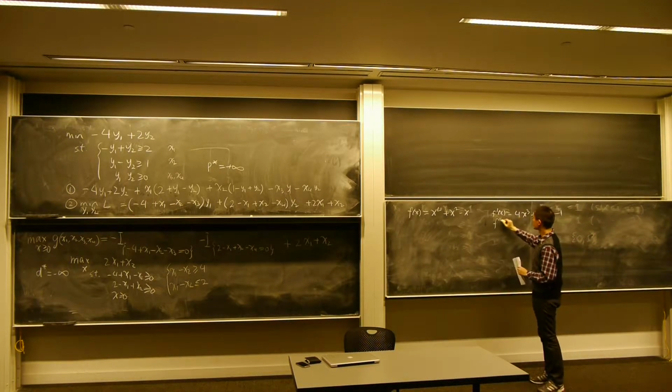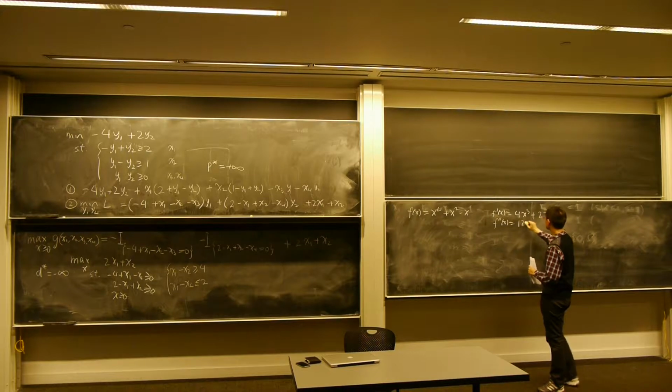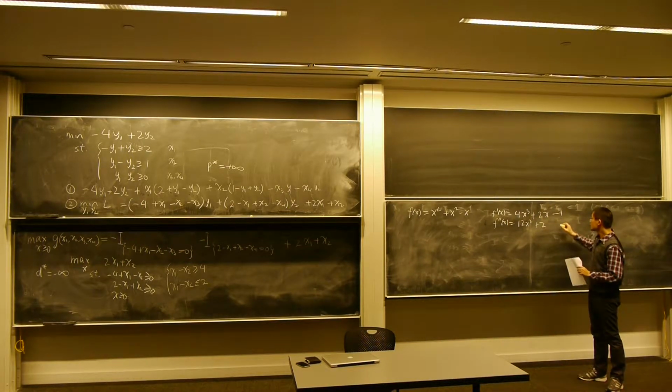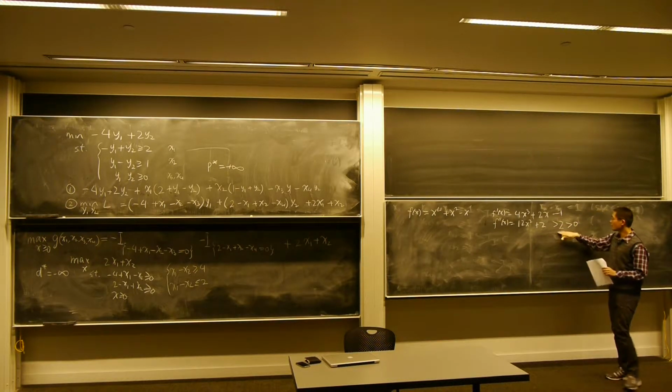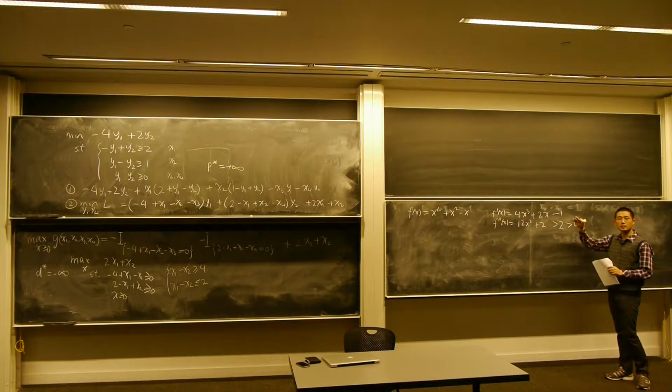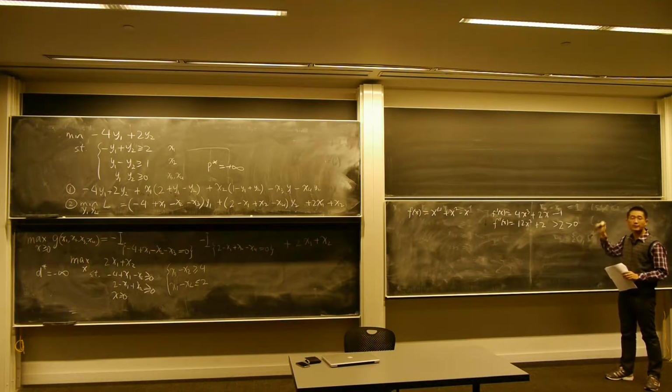And the second derivative is 12x squared plus 2. So you can see this is not only always greater than 0, but also greater than a finite bound. So we say this is strongly convex because it is lower bounded by a quadratic function.